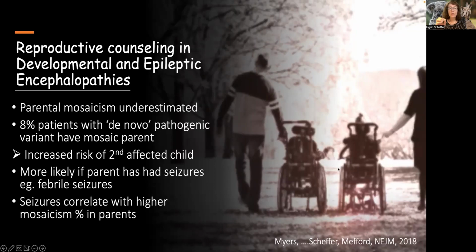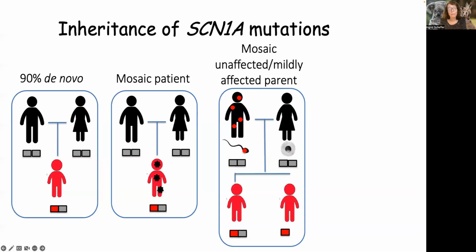A red flag to parental mosaicism is if the parent has seizures such as febrile seizures, and if they had a higher percentage mosaicism, then they were more likely to have more significant epilepsy.